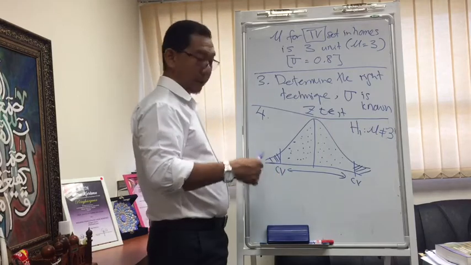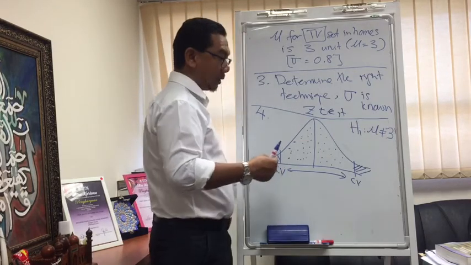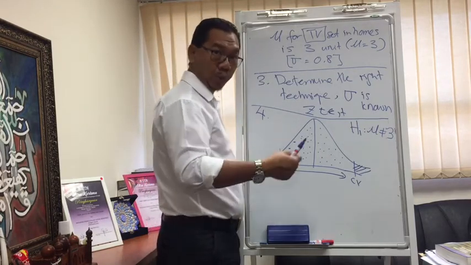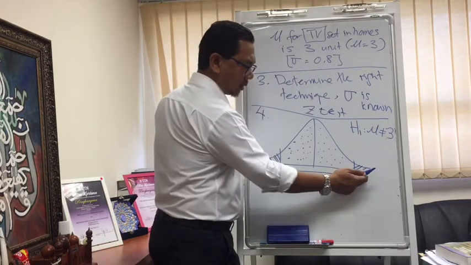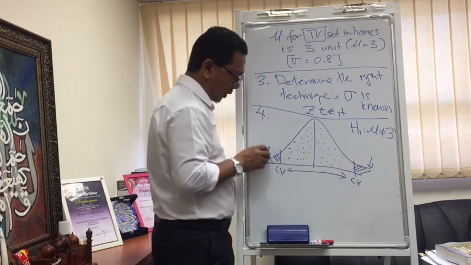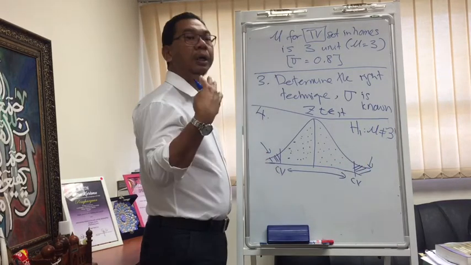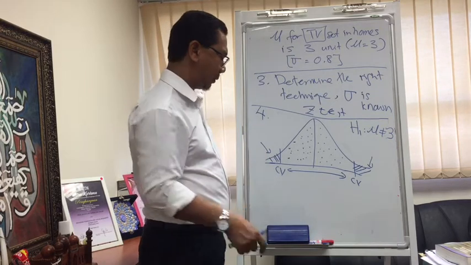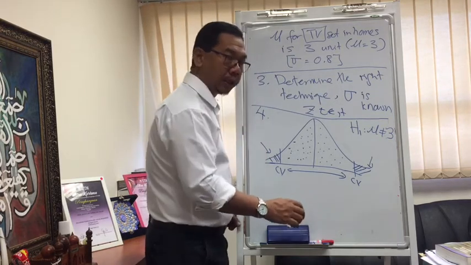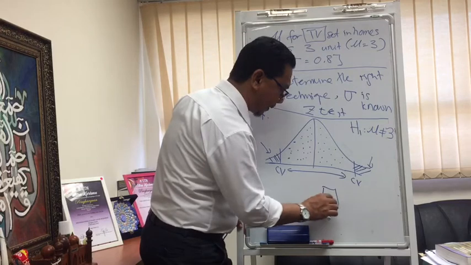Otherwise, if the statistic value falls in this region or in this region, we will reject the hypothesis. So this is the decision rule.